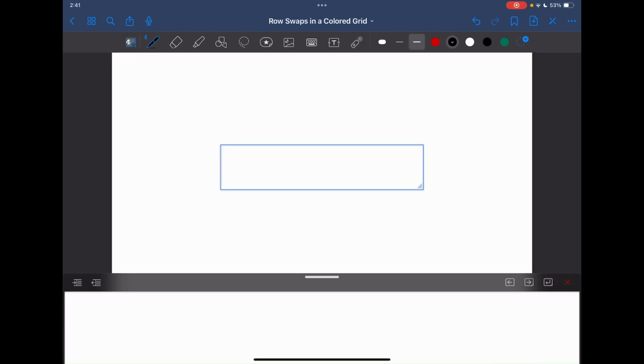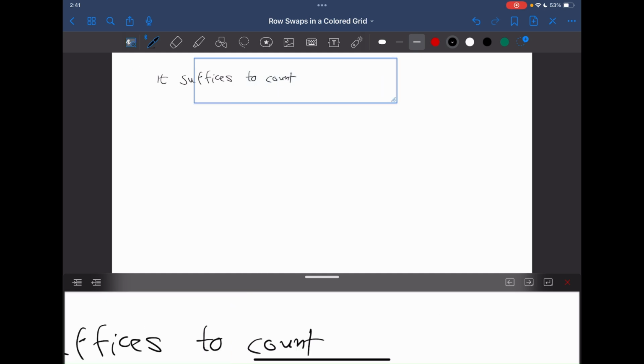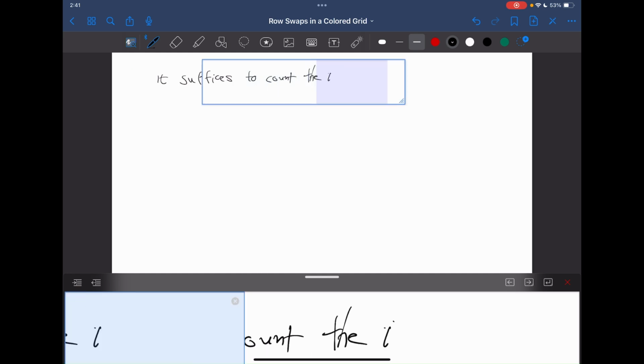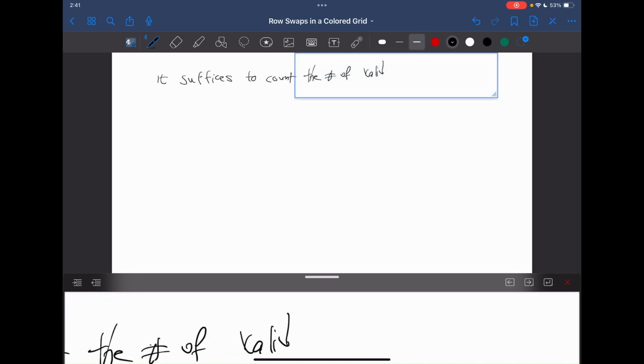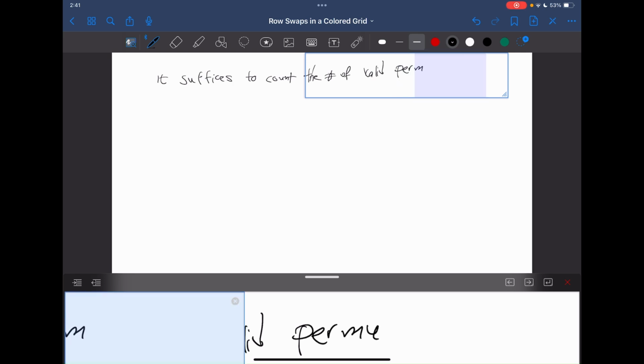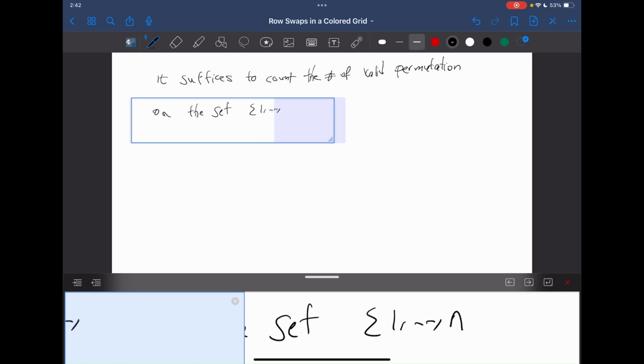The observation is it suffices to count the number of valid permutations on the set 1 to n minus k.